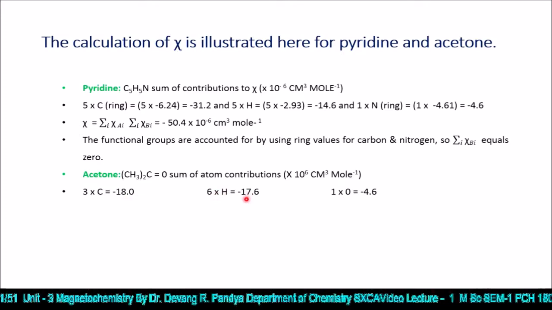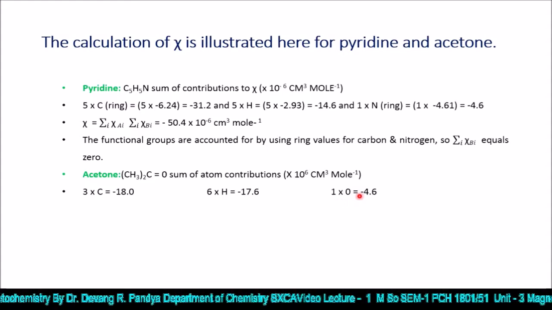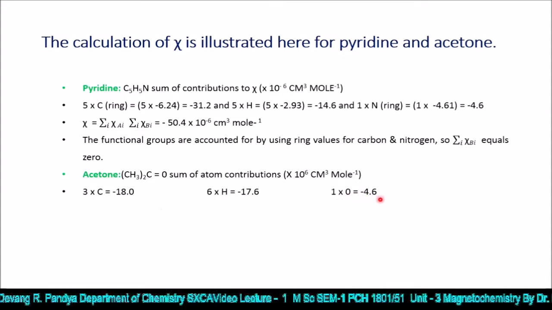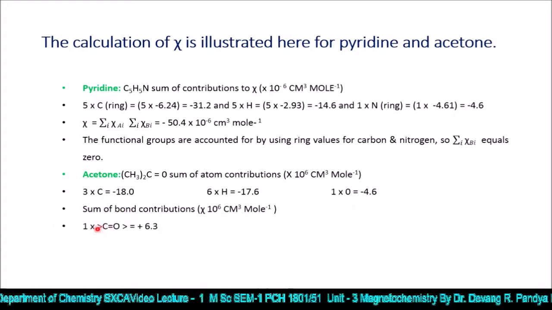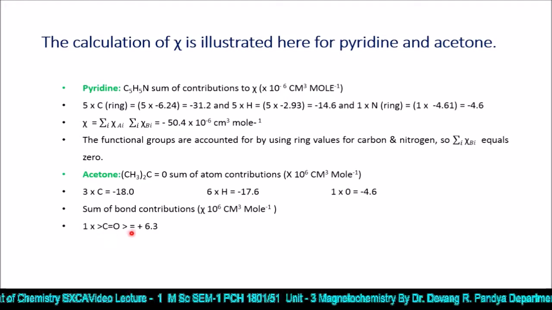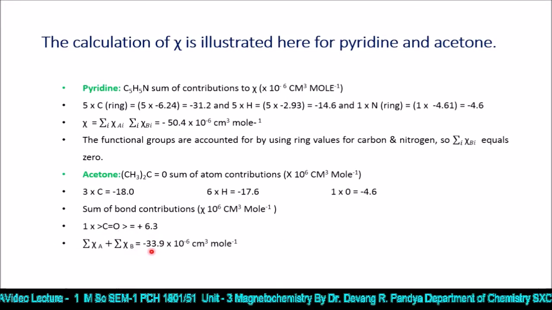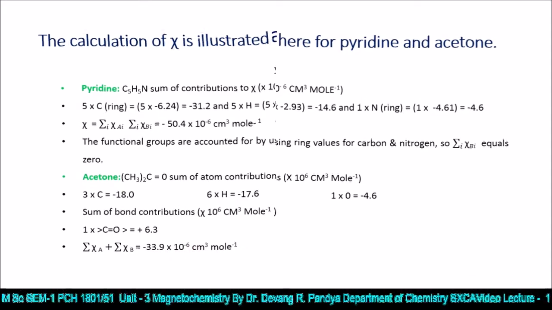Hydrogen into 6 gives minus 17.6, and one oxygen, that is minus 4.6, and that is outside a ring as well. So if we apply the bond contribution for this carbonyl group, we are going to get minus 33.9 into 10 raised to minus 6 cm³ mol⁻¹.